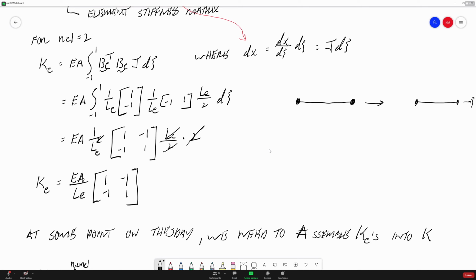We can call these 1 and 2. This happens to map to -1 and 1. This mapping in C space, that's what this matrix is.